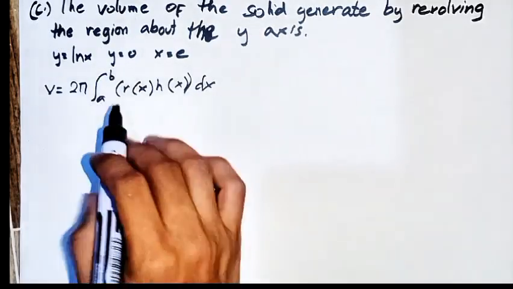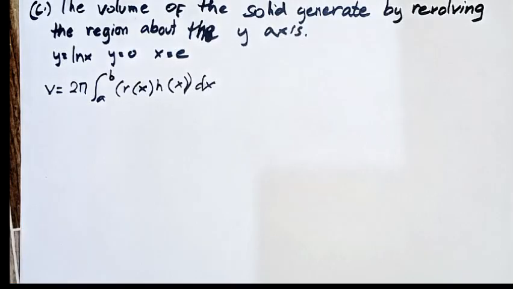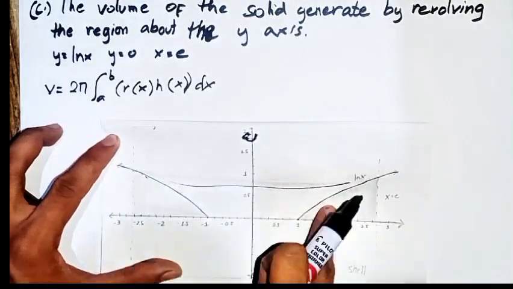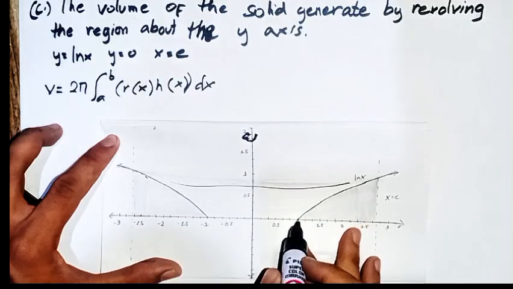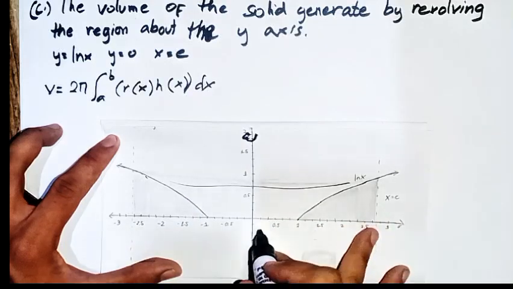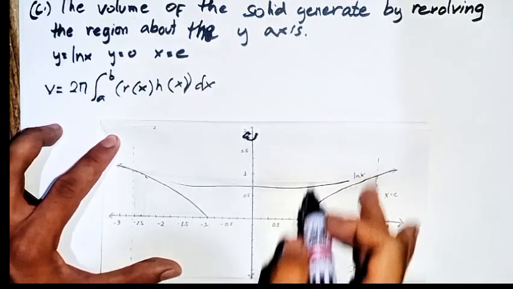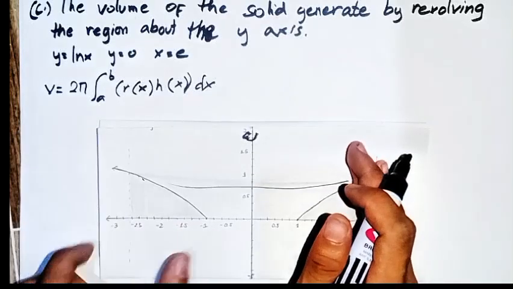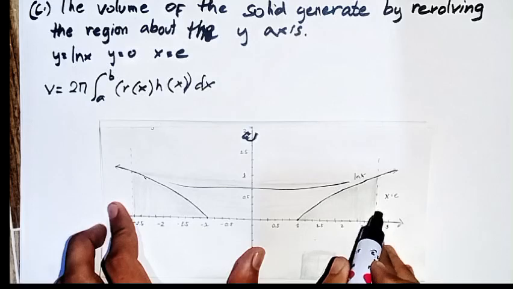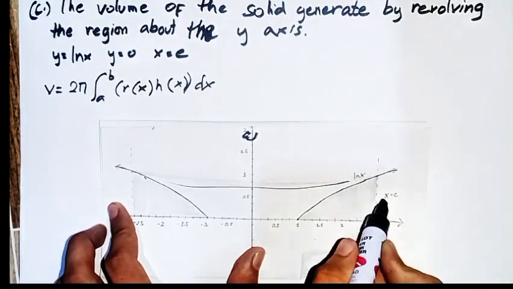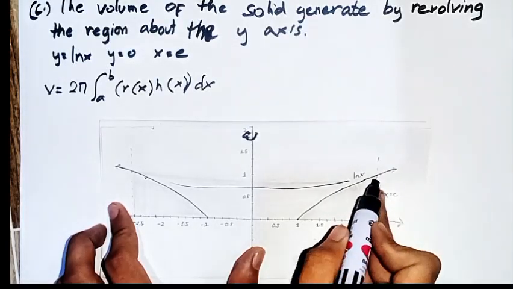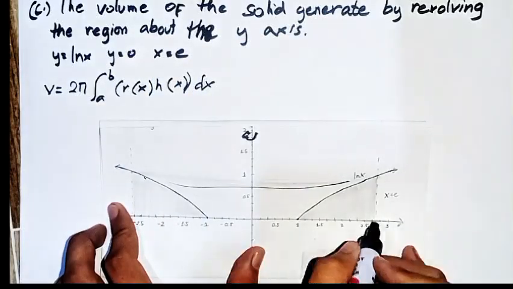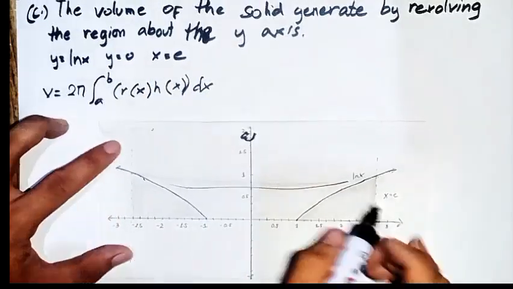Now, what is our radius and what is our height? Let's go back to our graph. Since it will create a cylindrical shell, the radius is from the center to the boundary. Since the graph intersects at x is equal to e, from 0 to x is equal to e, that is our radius.